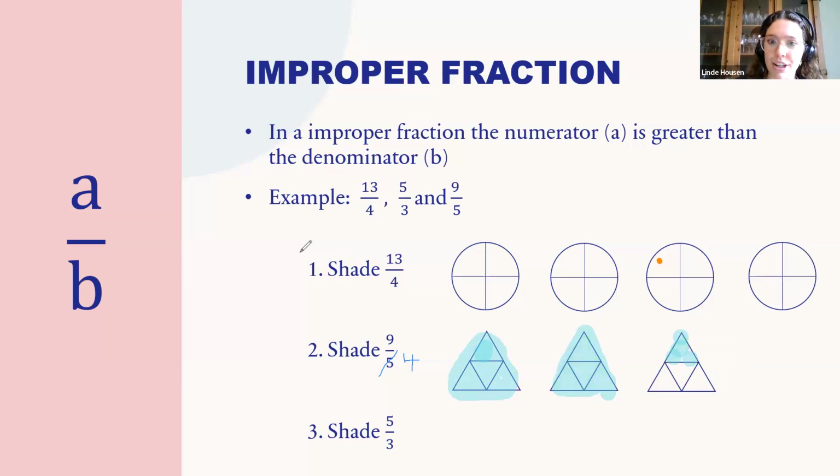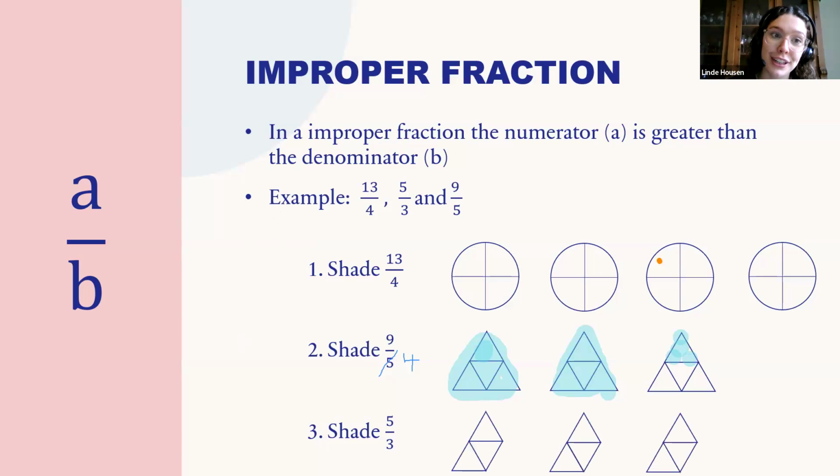Does everyone agree with this solution? Yes, indeed, perfect. So 9 pieces are covered. And again, we needed more than one figure to cover 9 pieces because we have an improper fraction.